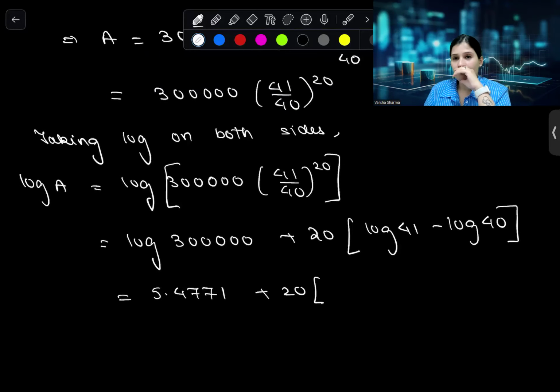Log 41? 1.6128. Yes. Log 40? 1.6021. Simplify.